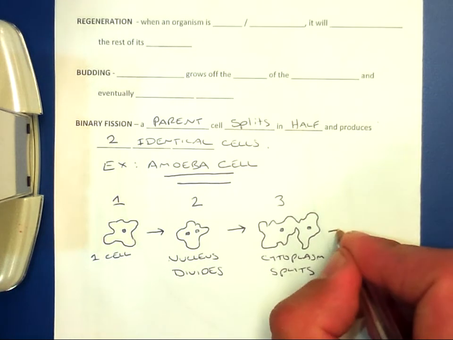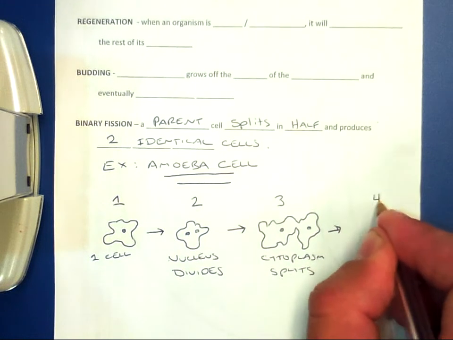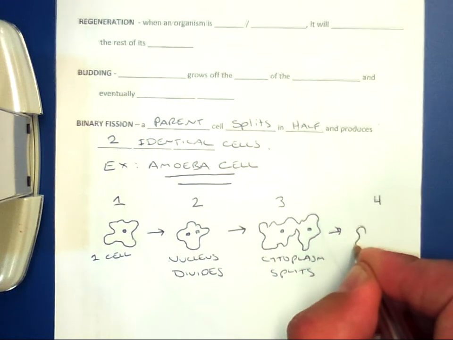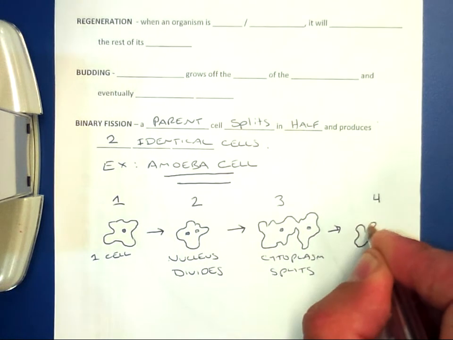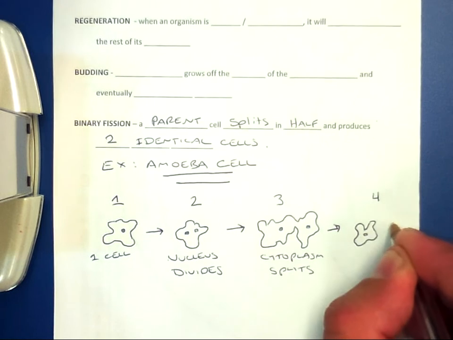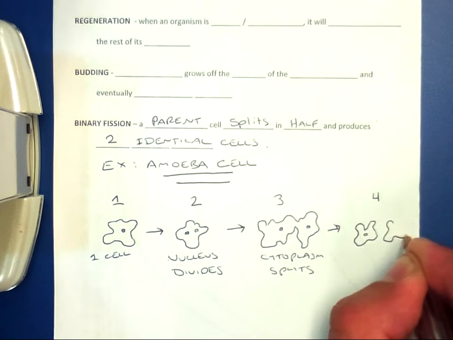And step four, you end up with two genetically identical cells.